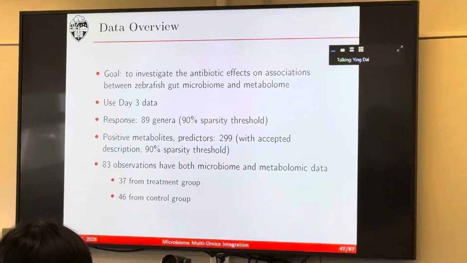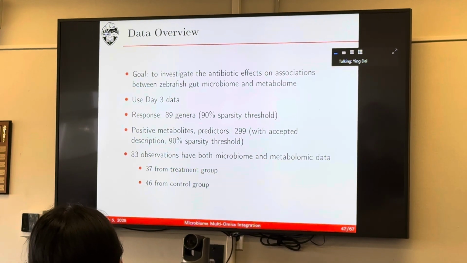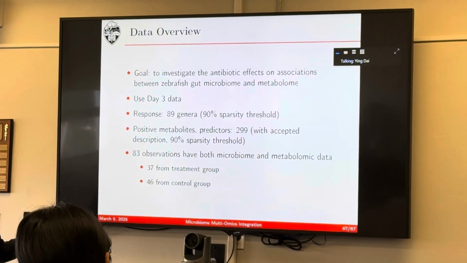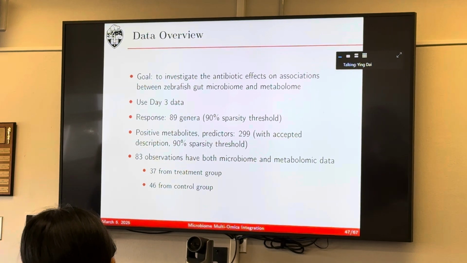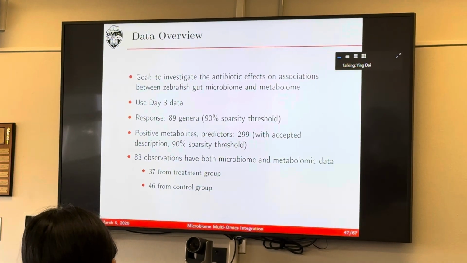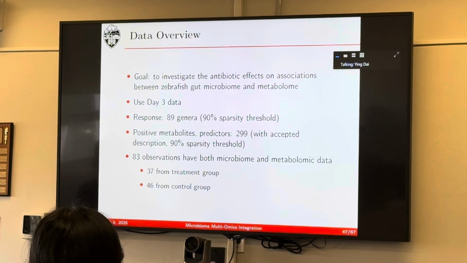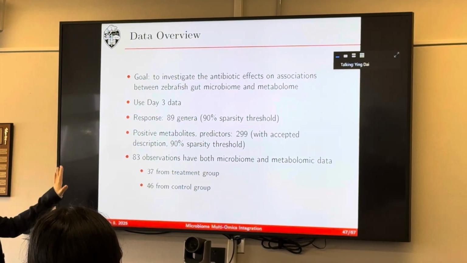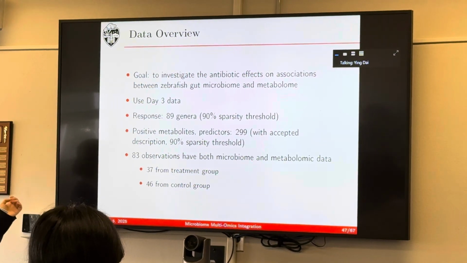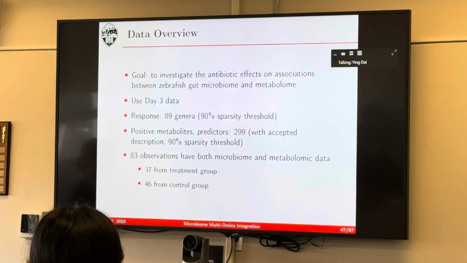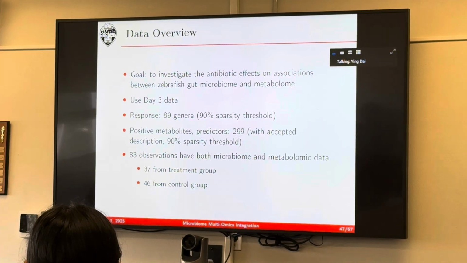But for this data analysis, we're trying to investigate the antibiotic effects on the association between the zebrafish microbiome and the metabolomes. So here we use the day 3 data only. After some data cleaning, we have 89 genera left and 299 positive metabolites for our predictors.